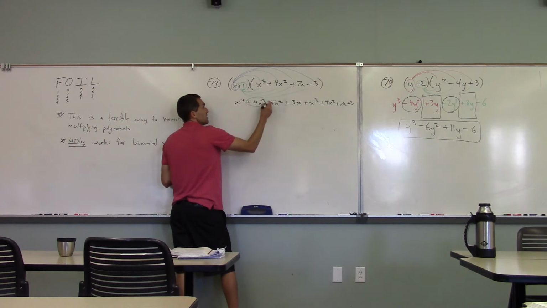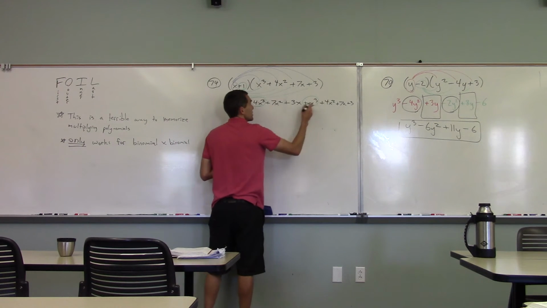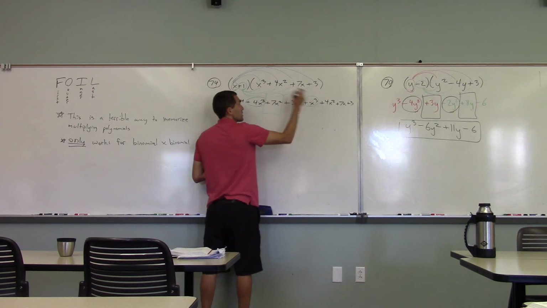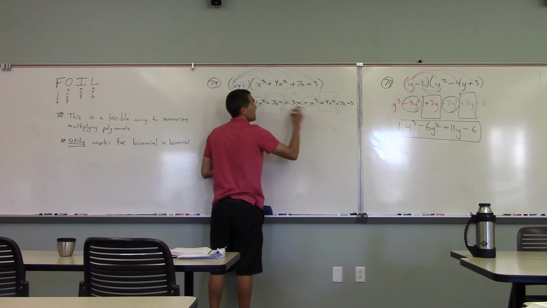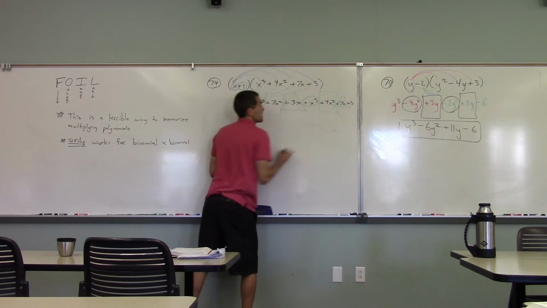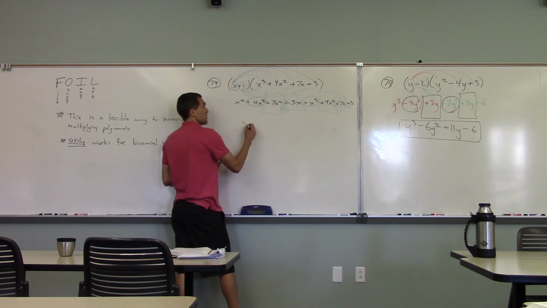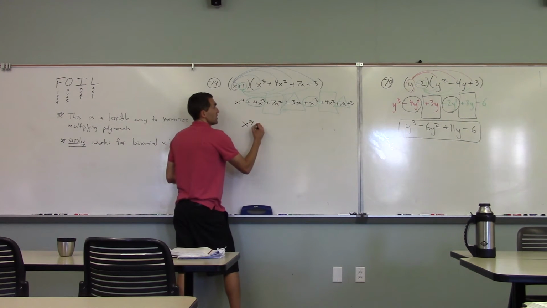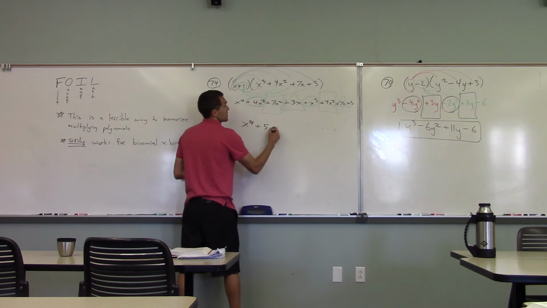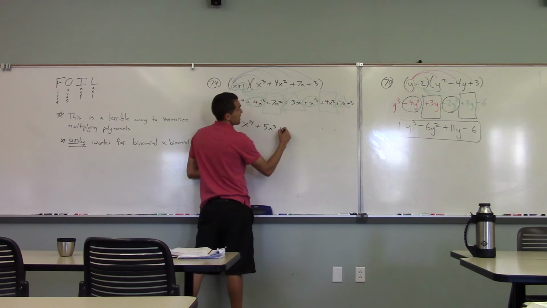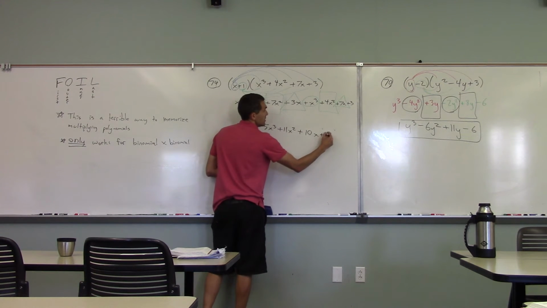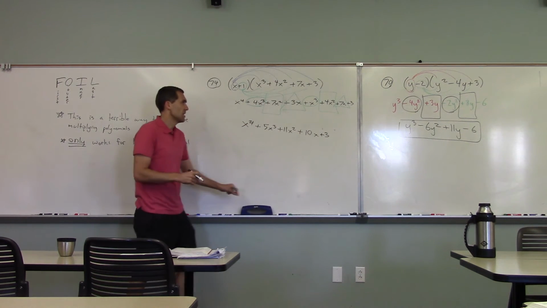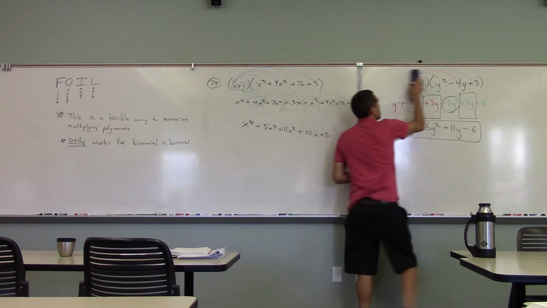So we got some x cubeds, some x squareds, and some x's. Using my different shapes, the circles add up to 5x cubed, rectangles add up to 11x squared, and 10x plus 3. Right? And then I'll give you guys one last problem to finish off the section.